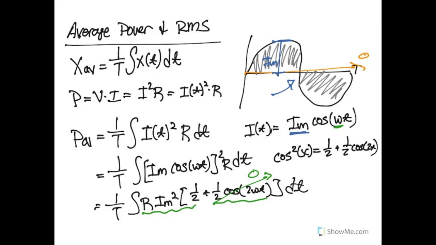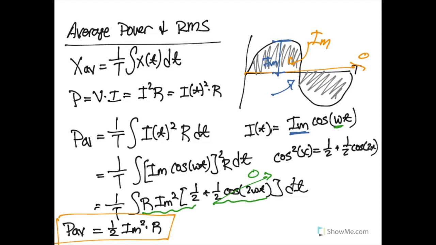And so in the end, what we find is that our average power winds up being simply 1/2 Im squared times R. So our average power in an AC circuit for a resistive element is 1/2 the magnitude of the current squared times R. If this is your current wave, the amplitude of that wave is Im, so Im squared times R. We will transform this relationship a couple of times, but this is our basic way to figure out what the average power for a real and resistive element is.